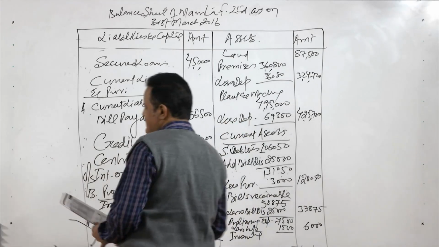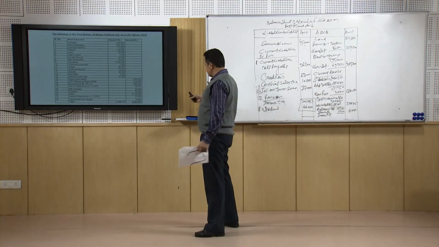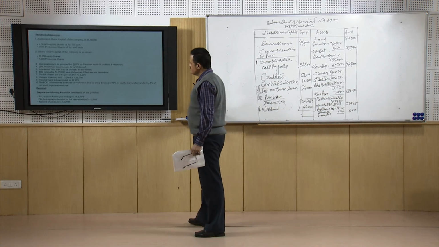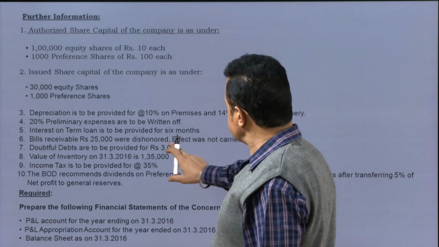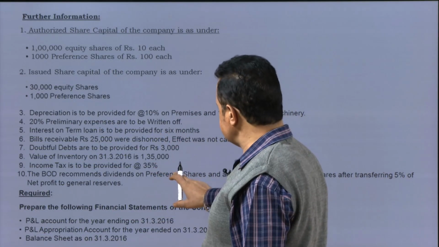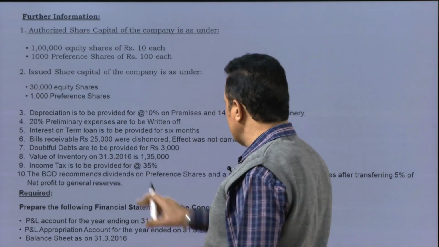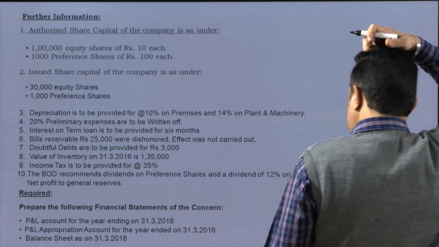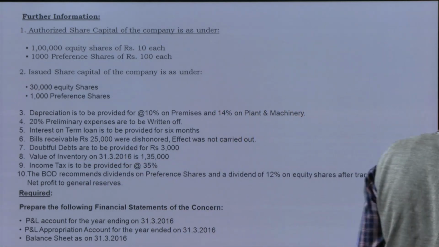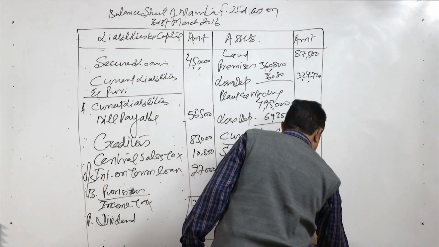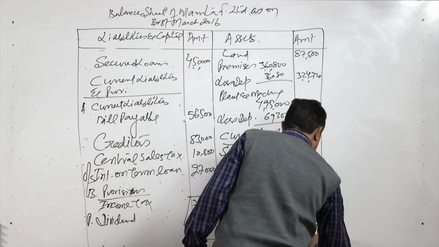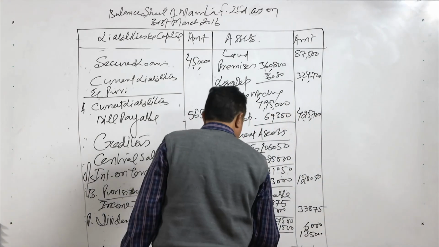The closing inventory given to us, the value of the inventory on 31st March 2016, is 135,000. So that is also a current asset.